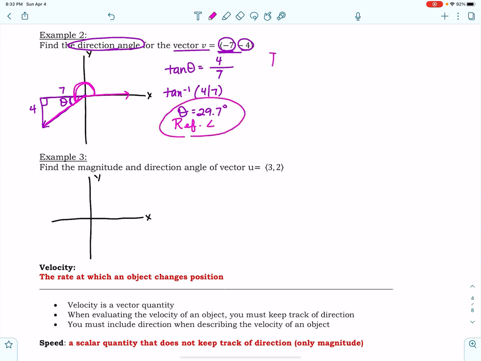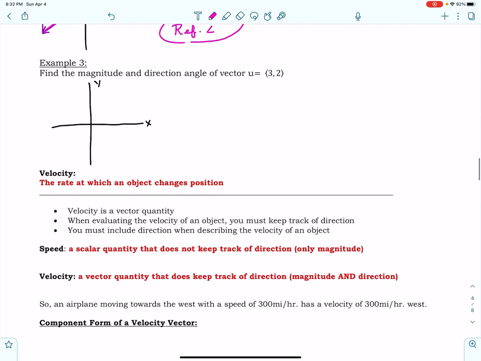I know it's confusing, but the direction angle is 180 plus the reference angle. So my direction angle here is equal to 180 plus 29.7, which gives me 209.7 degrees. Easy peasy.